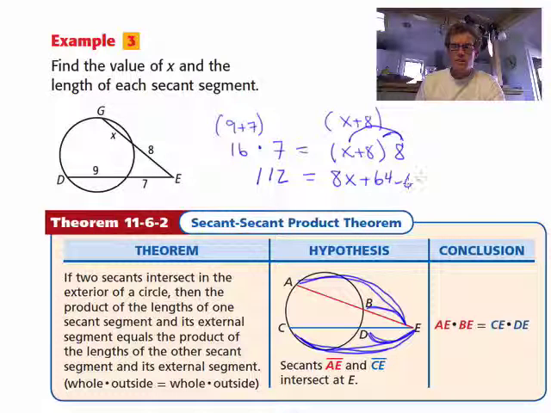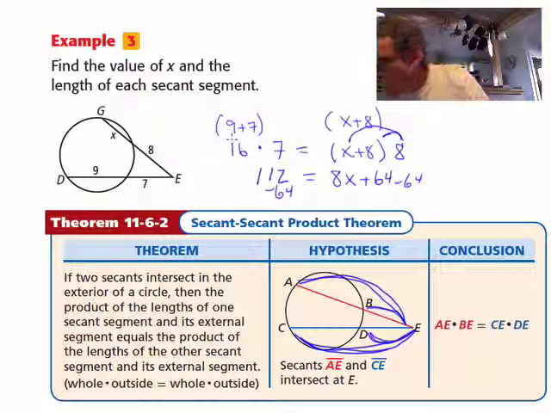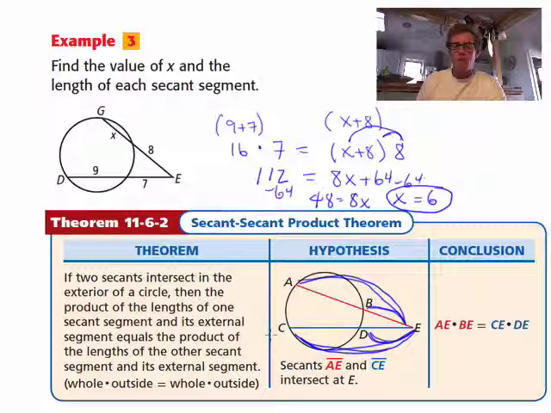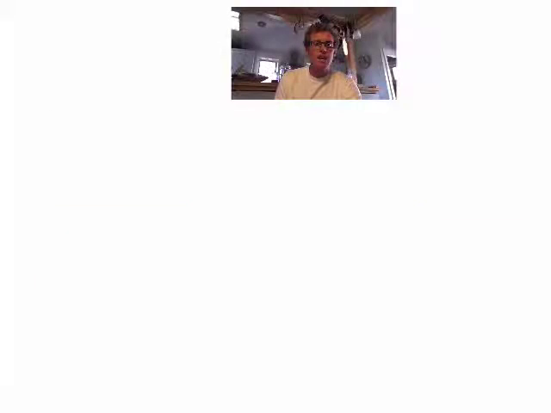Let's subtract 64. 112 minus 64 gives us 48. Okay, things are looking good. 48 equals 8x. Divide by 8 on both sides, and x equals 6.